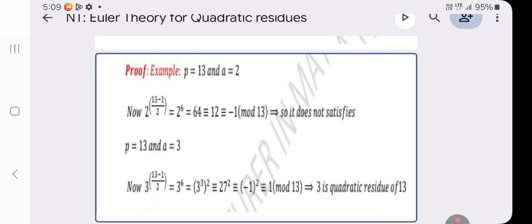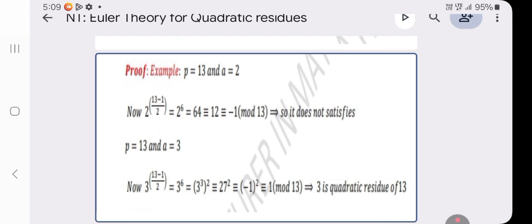Therefore, 2 to the power of 13 minus 1 by 2 is congruent to 12, which is nothing but minus 1 mod 13. So it is not satisfying the condition that A to the power of P minus 1 by 2 is congruent to 1 mod 13. So A equal to 2 is not a quadratic residue.